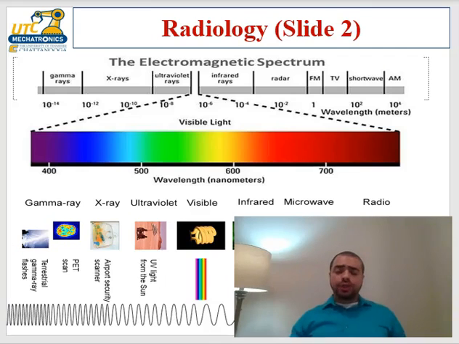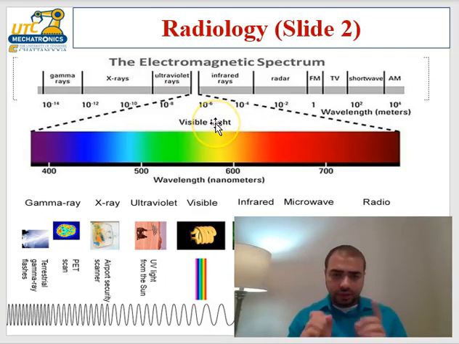So let's look at the electromagnetic spectrum. I'm sure you have seen this before. It shows you the range of different waves and their wavelengths. The visible light, which you can see, is only this small strip of the electromagnetic spectrum.